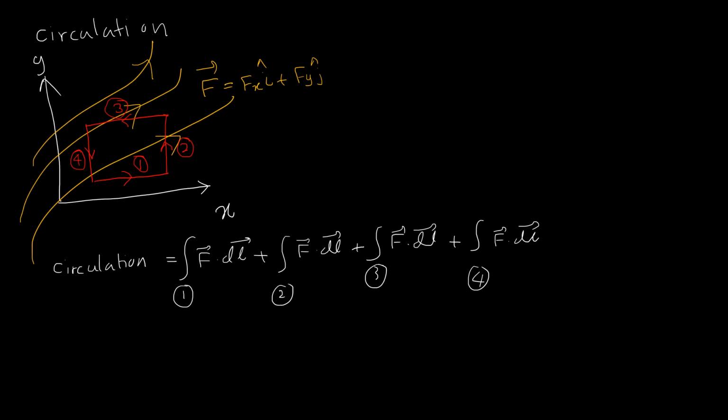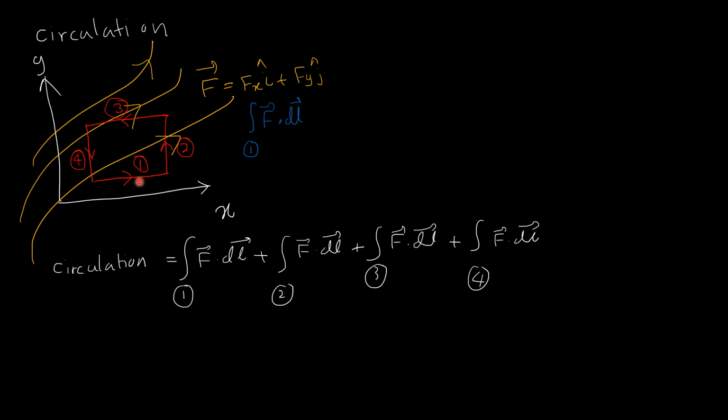Let me take path 1 first. We take the line integral of this vector field along path 1. Path 1 lies only along the x direction and there is no y contribution.